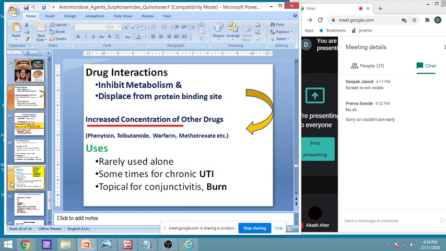Then drug interaction, it inhibits metabolism of certain drugs. It can displace from the protein binding site, so it has that type of interaction also.